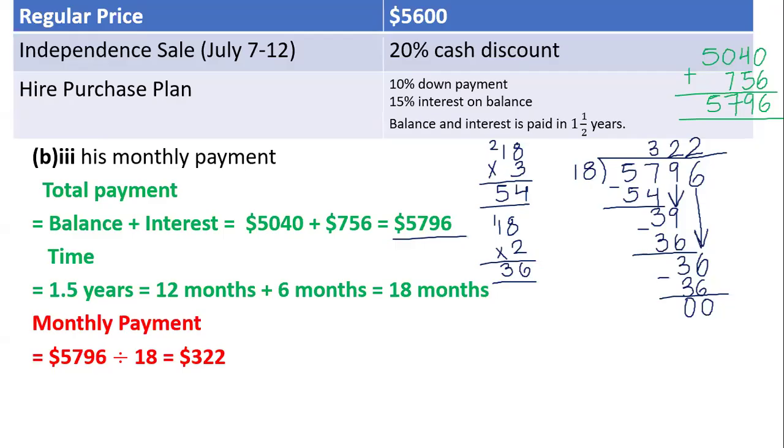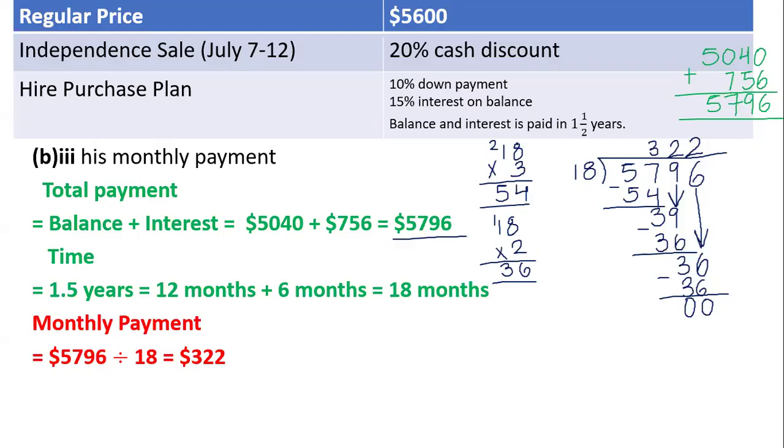Amari. So for his monthly payment, you're supposed to do the balance plus the interest, which equals 5,040 plus 756, which would be equal to 5,796.